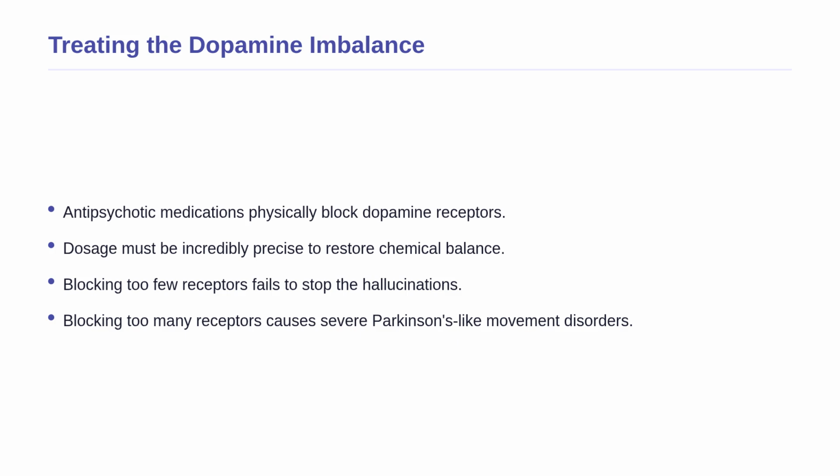However, we must be incredibly precise with the dosage we give to the patient. If we block too few receptors, the terrifying hallucinations will not stop. But if we block too many, the patient will develop severe movement disorders, similar to Parkinson's disease. Finding this perfect balance is the core of mathematical pharmacology.